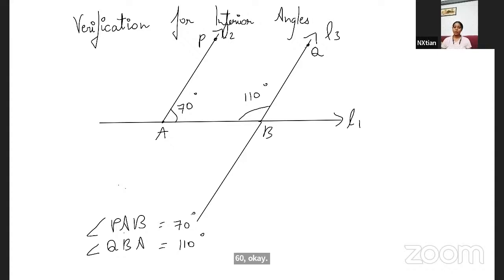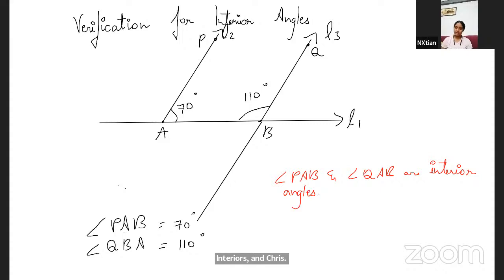So now they are both interior angles. Angle PAB and angle QAP are interior angles. So their sum is how much? 180 degrees. Because the interior angles which are made on the same side of the transversal are equal to 180 degrees.